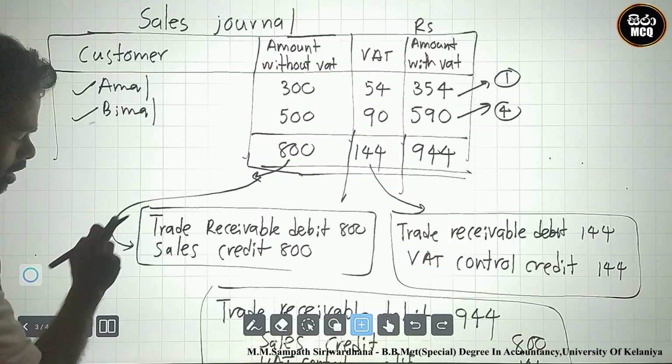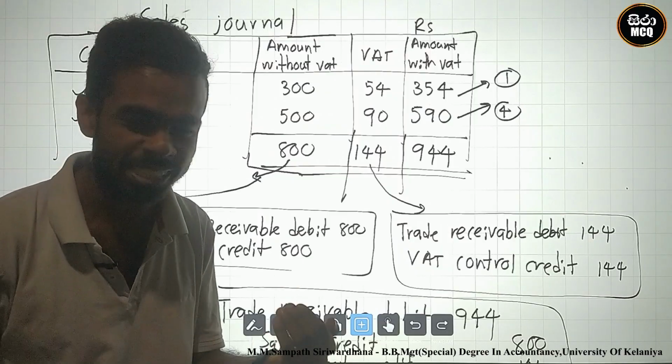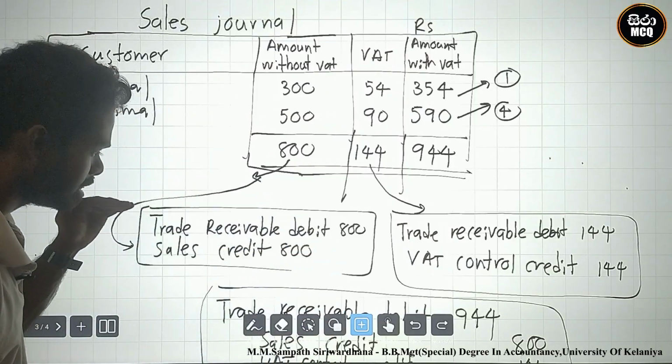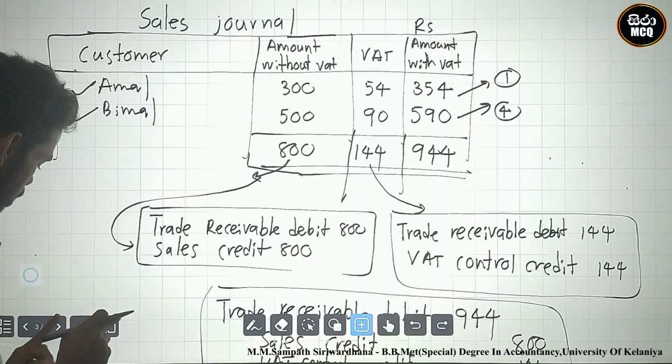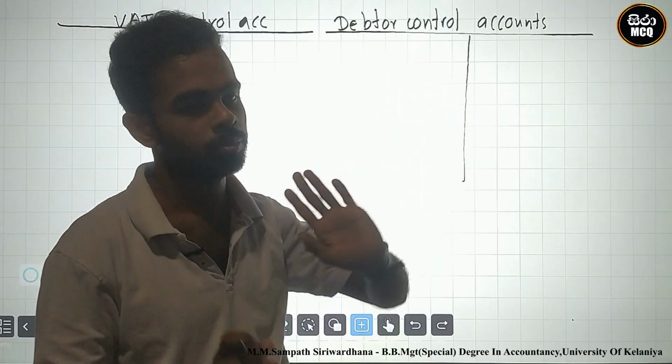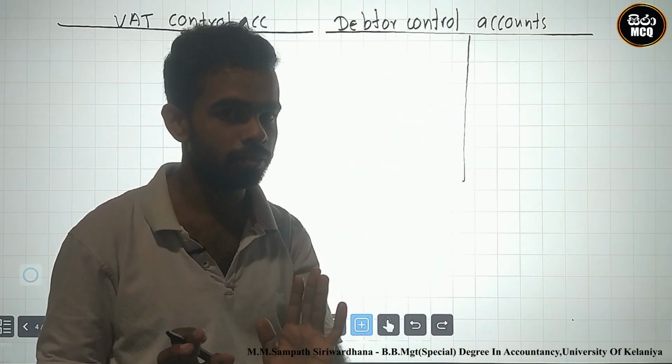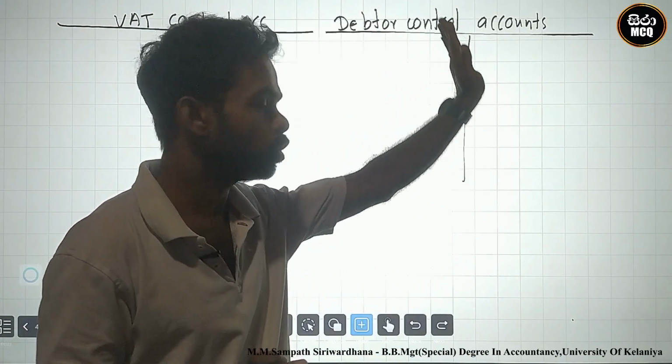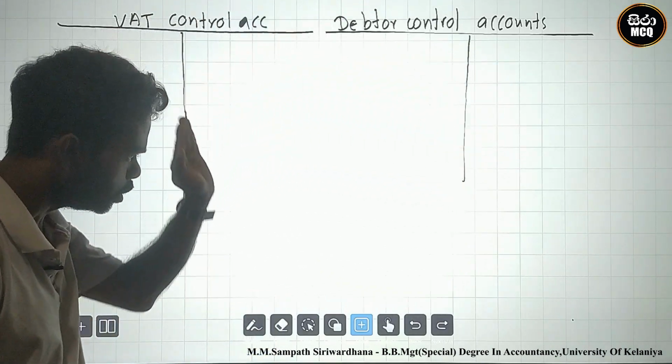Trade receivable debit, trade receivable means debtor control debit, sales credit. We only prepare the VAT control and debtor control accounts, so we identify only the debtor control account and VAT control account entries.